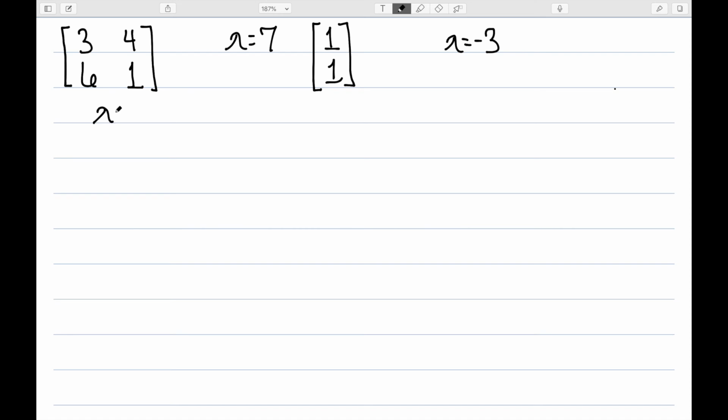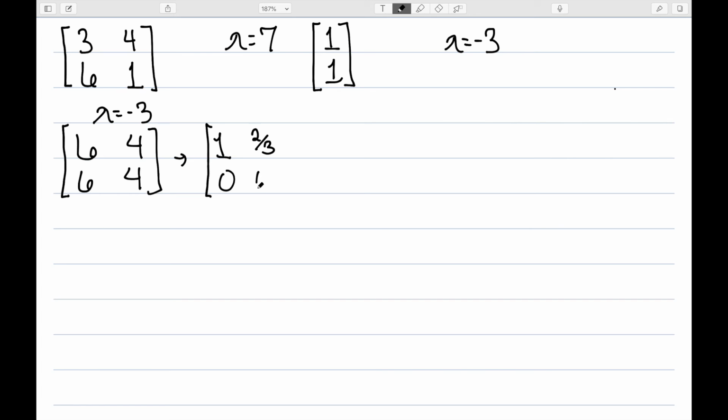Now let's look at lambda equal to negative 3. Subtracting this from the diagonal, 3 minus negative 3 is 6, 4, 6, and 1 minus negative 3 is 4. We can row reduce this to get 1, 2/3 in the first row, 0, 0 in the second.